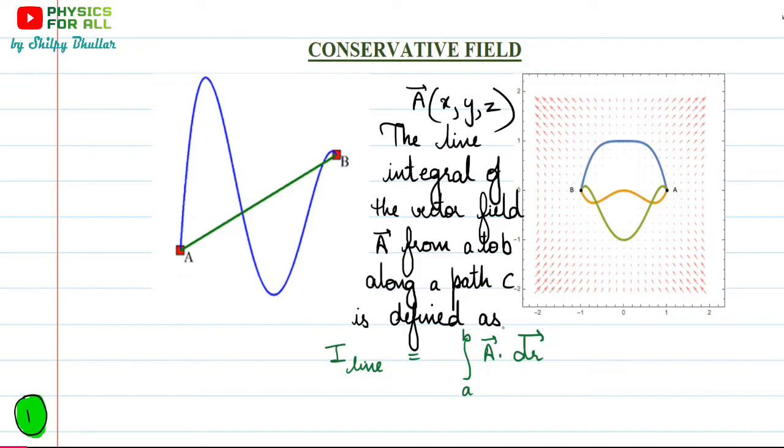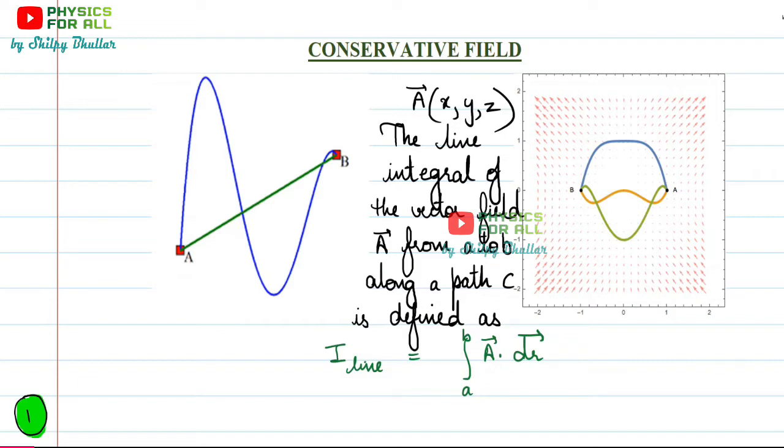Okay, so this is the way, and since 2 points are involved, A and B, we have to integrate it from point A to B, and of course A would be lower limit and B would be the upper limit, and that also depends on the direction of vector field. If the vectors are going from A to B, then of course the lower limit has to be A and upper limit has to be B.